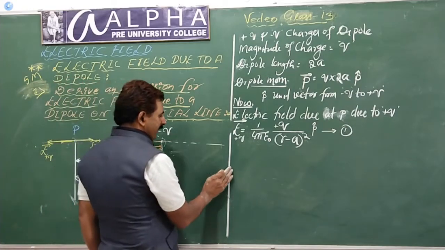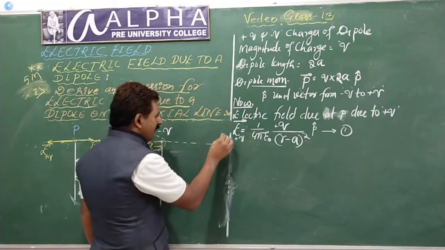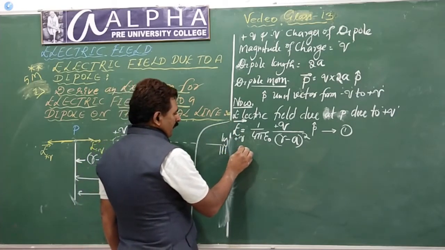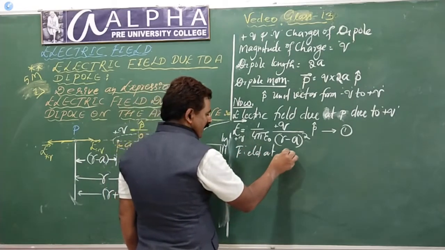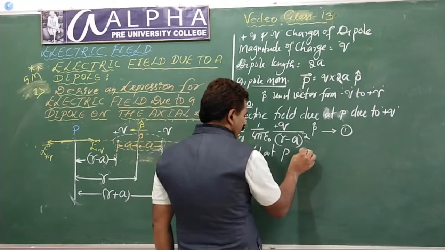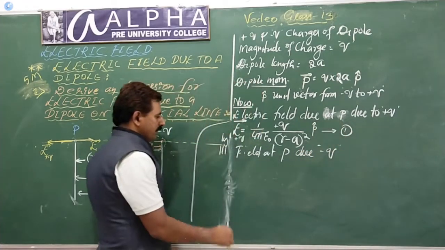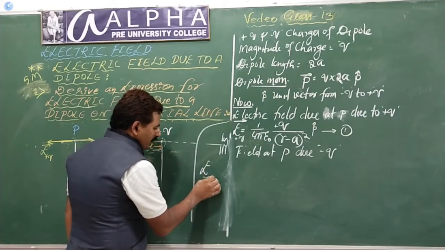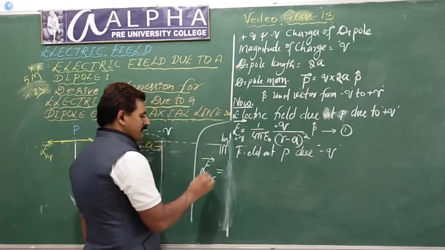Similarly, if I write this, how do you read? Similarly, field. What field? Electric field at P only, due to which charge? Minus Q. Same symbol, E minus Q. Plus Q, minus Q. What is the expression?